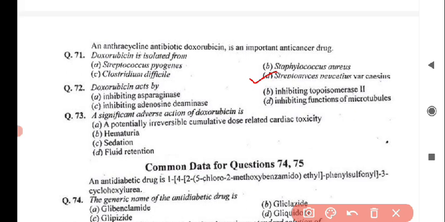Second question is, doxorubicin acts by, and the correct answer is option number D, that is by inhibiting functions of microtubules. Next question is, a significant adverse action of doxorubicin is, and the correct answer is option number A, that is a potentially irreversible cumulative dose related cardiac toxicity.